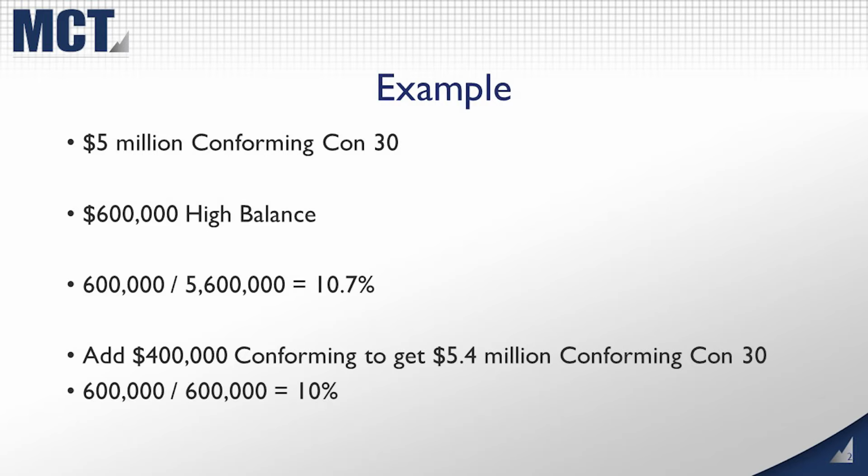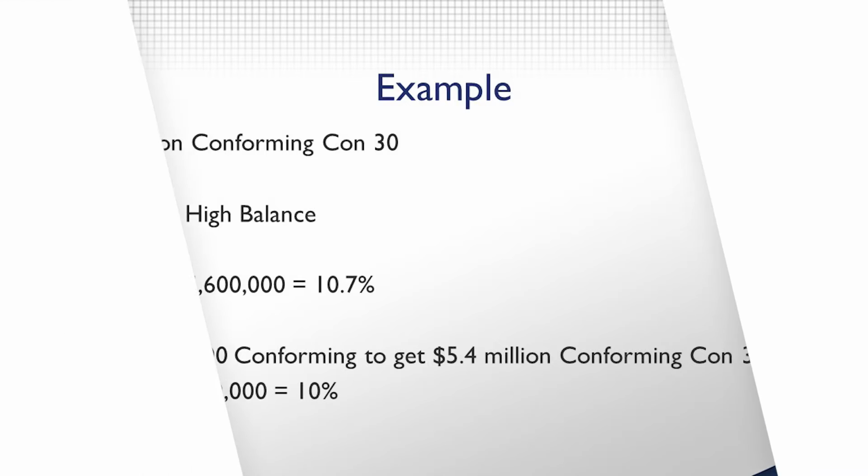In this example, we would need to add at least $400,000 in conforming volume to achieve a total commitment of at least $6 million, which would allow the $600,000 high balance loan to get conforming pricing.